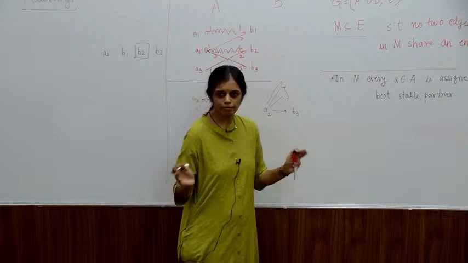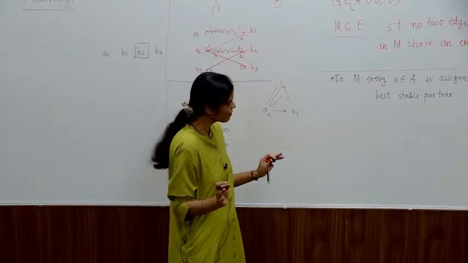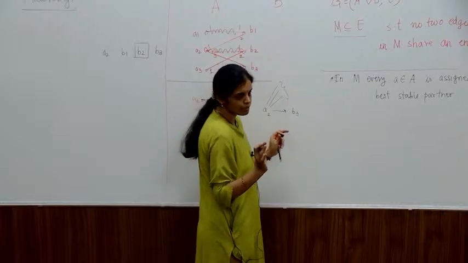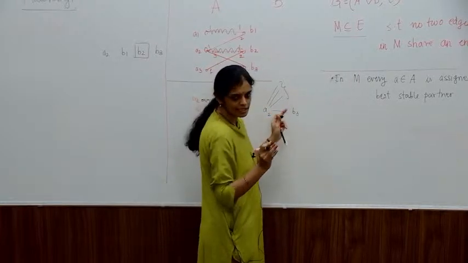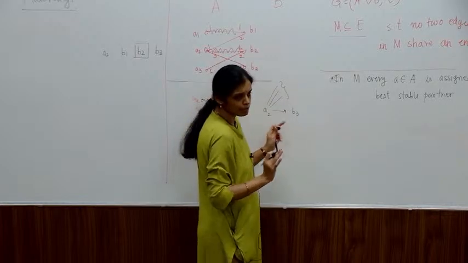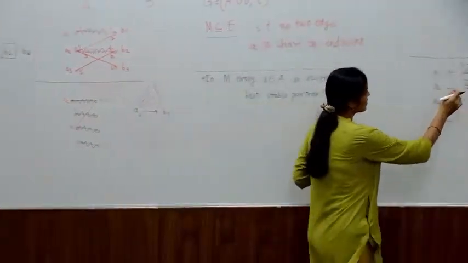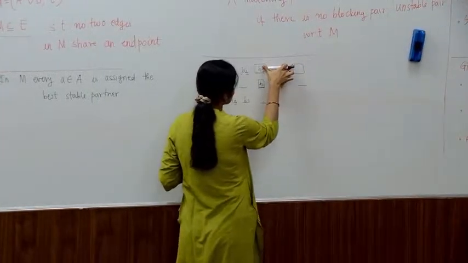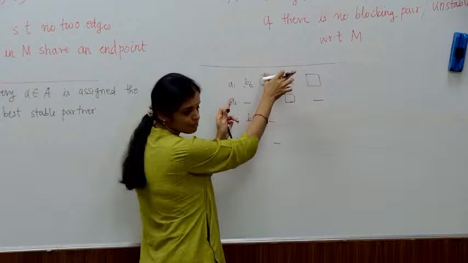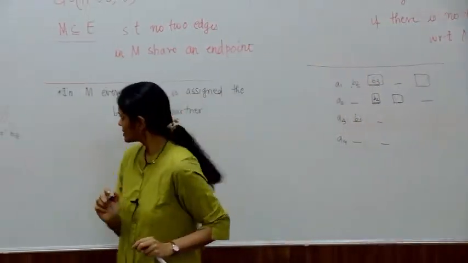It could also have been left unmatched by our algorithm, but then it has a better stable partner. That is, either it is assigned to somebody, or it is unassigned, but it has a better stable partner. Possibly we assigned it to this box, but there is another stable matching in which it gets assigned to some other box vertex.